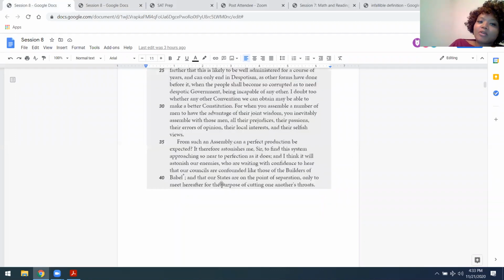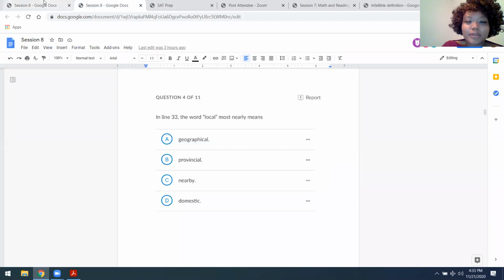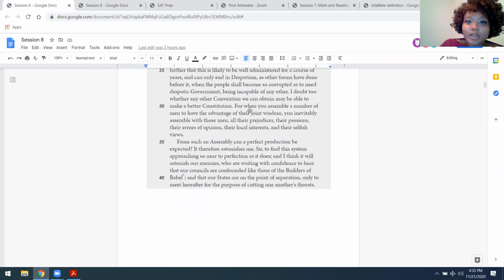So when you say it can be crossed out, okay, I'm going to read the part that includes that sentence. We're looking at line 33, the word local. I'm going to start here and read the complete sentence. For when you assemble a number of men to have the advantage of their joint wisdom, you inevitably assemble with those men all their prejudices, their passions, their errors of opinion, their local interests, and their selfish views.